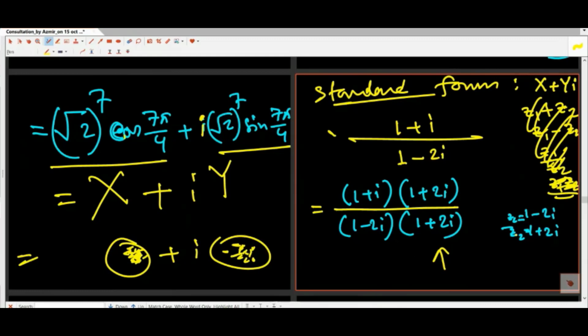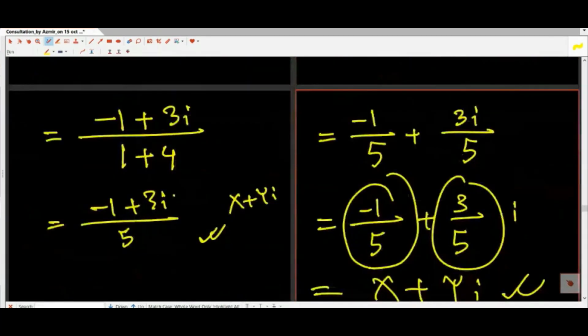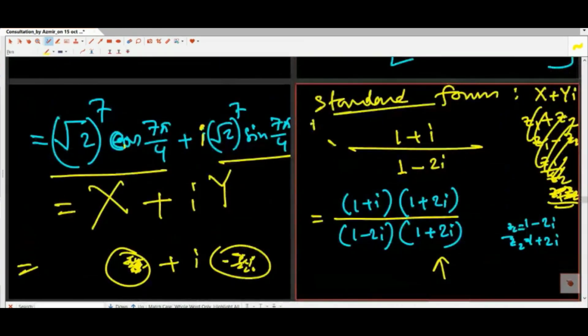So we need to have the conjugate 1 positive 2i. By this, we can easily have only a real number in the denominator. You can see the denominator is just a real number. So now we can separate like x and y. So this one is also known as rationalizing.